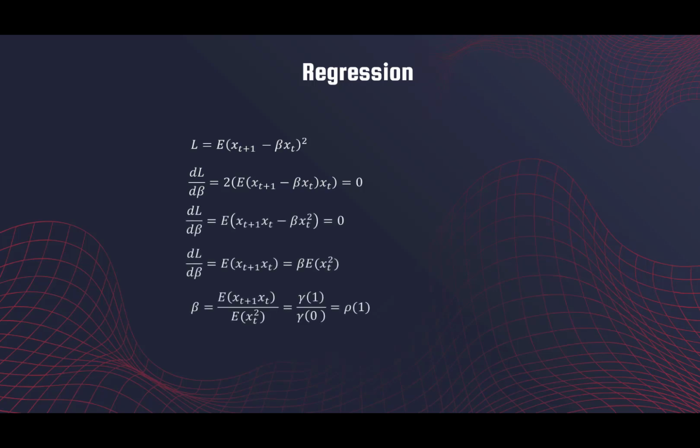So this is what we get: beta is the correlation at lag 1. So the predicted value of x_{t+1} is rho_1 times x_t.